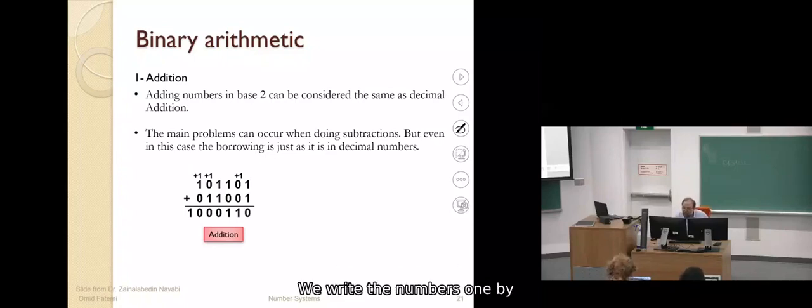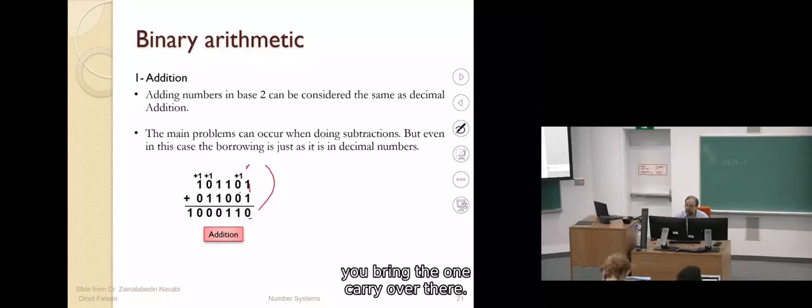We write the numbers one by one and start from the rightmost digit, from the least significant bit. 1 plus 1 is 10 in binary. 1 plus 1 is 10, so you put 0 here and you bring the 1 carry over there. Then you have plus 1, plus 0, which is 1.